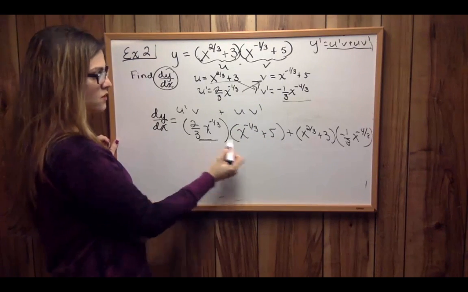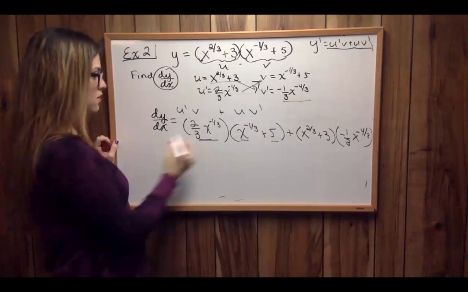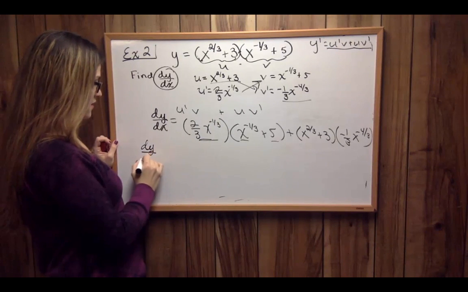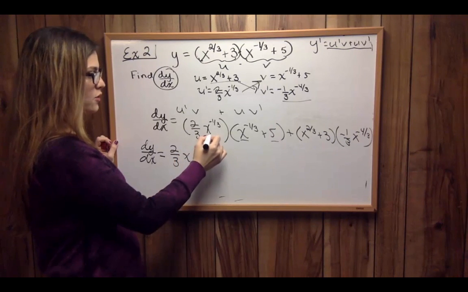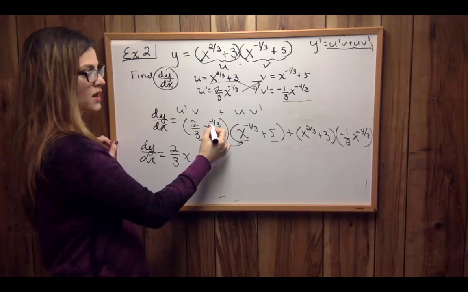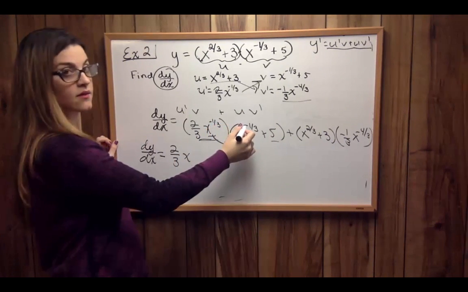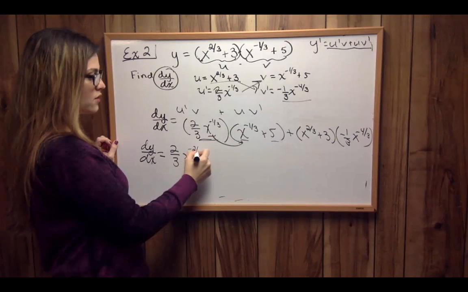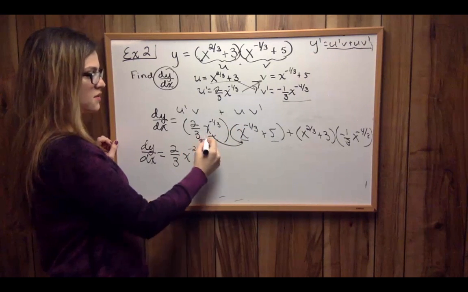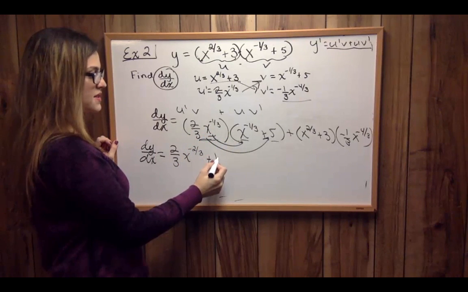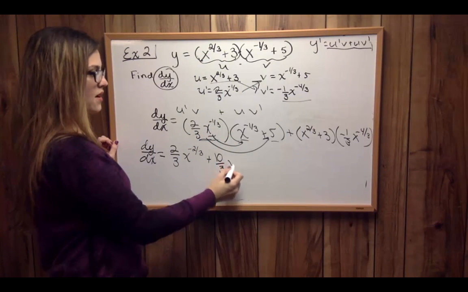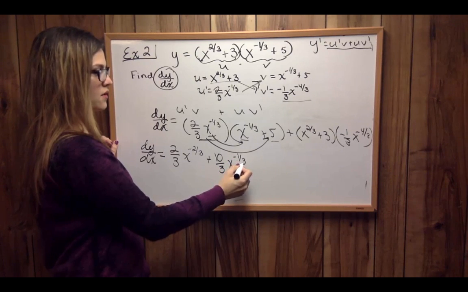So monomial times a binomial, so you can distribute in. So dy dx is equal to 2/3. When you multiply like bases, you add exponents. So negative 1/3 plus negative 1/3 is negative 2/3, plus 5 times 2 over 3, so that becomes 10 over 3, x to the negative 1/3.